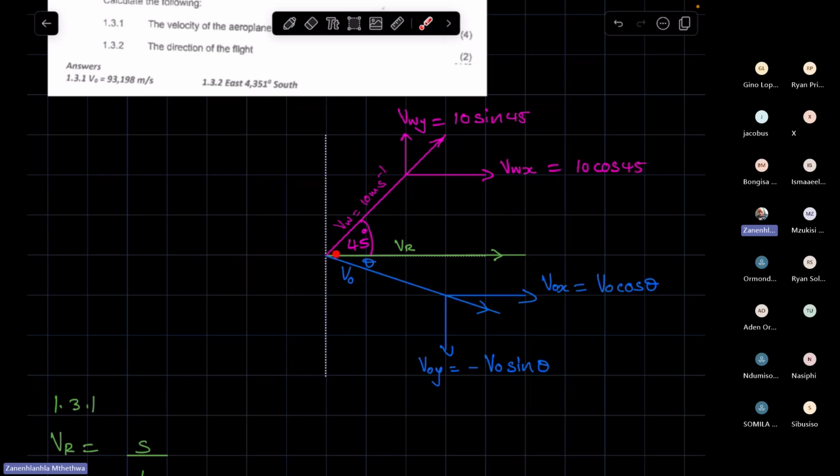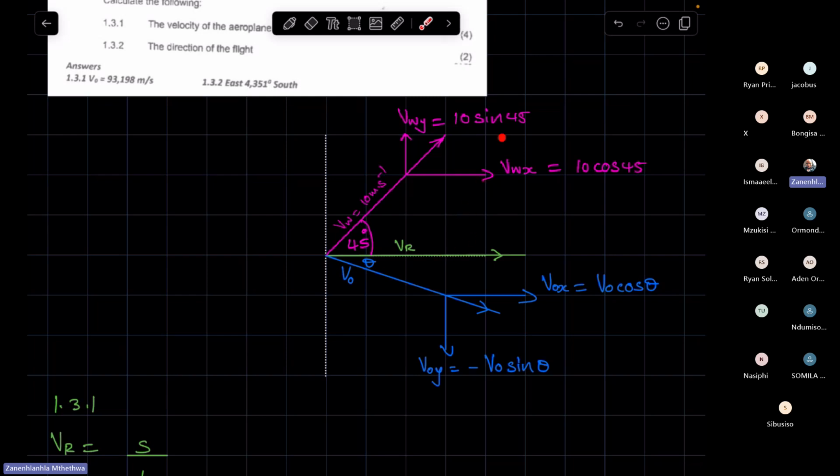Do you take off and fly the plane directly east? If you do that, when the plane flies directly east, this wind vector will essentially push the plane in that direction. So we are thinking about it practically now. If you take off and fly the plane directly east, because there is a wind in a northwestern direction, it is going to tend to take the plane in a northwestern direction.